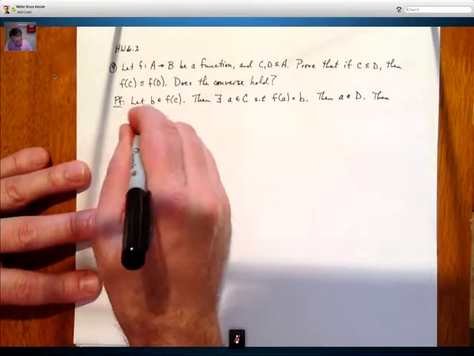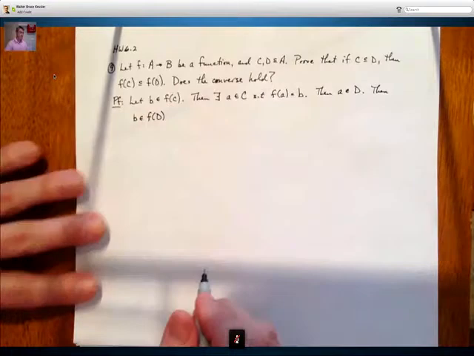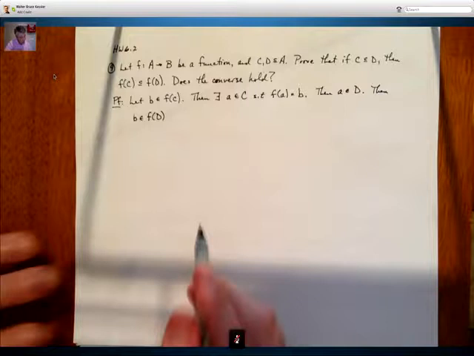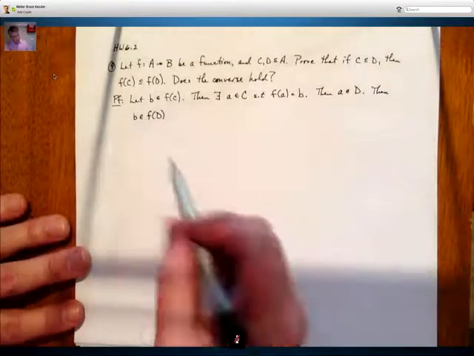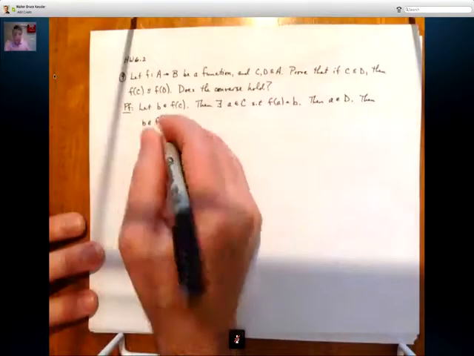Anytime I take something in D and plug it in and get something that's in the image of D, and that's my b. So we started with something in f of C, we showed it's in f of D.